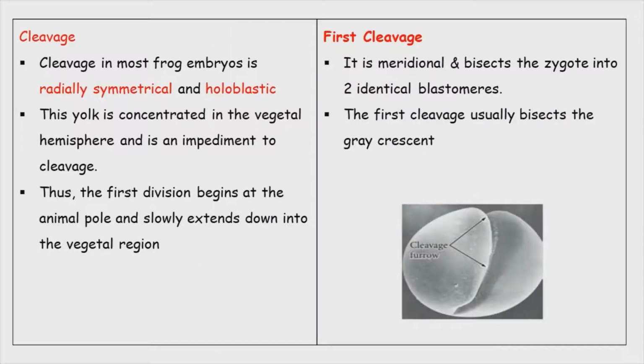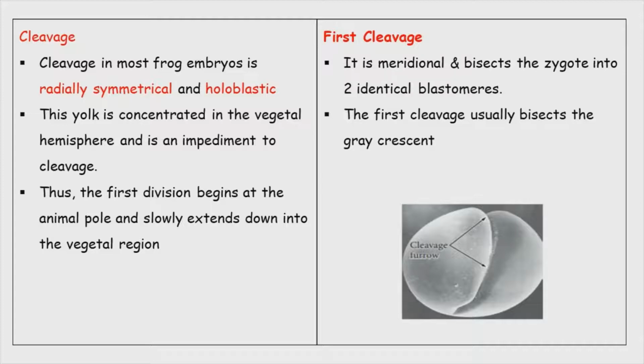Cleavage in most frog embryos is radially symmetrical and holoblastic. As there is a moderate quantity of yolk in the frog, this yolk causes an impediment to the cleavage. The first division begins at the animal pole and slowly extends down into the vegetal region. The cleavage is meridional and bisects the zygote into two identical blastomeres.